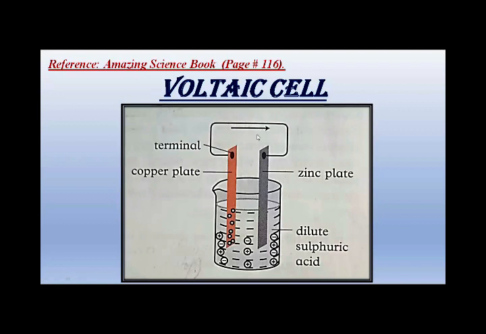After a short while, the current in the voltaic cell stops flowing. It is because of the dissolving of the zinc plate inside the acid. When the zinc plate has completely dissolved inside the dilute sulfuric acid, the current automatically stops.